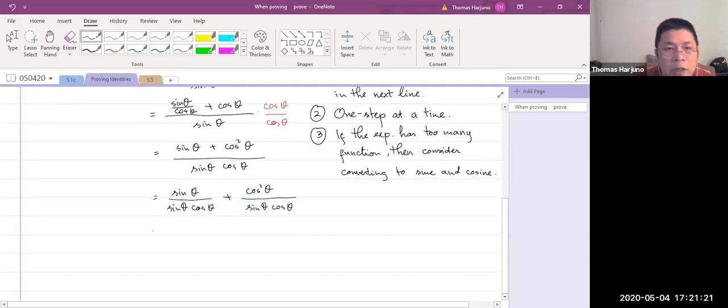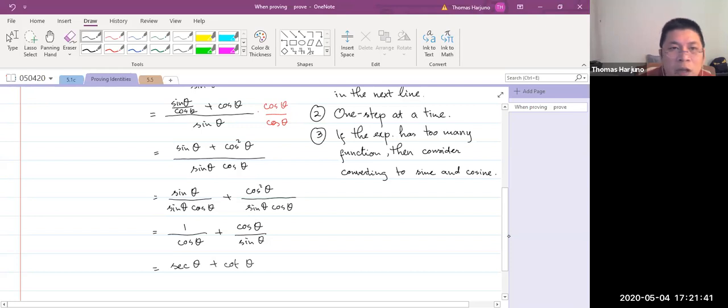Then I can reduce the first term. That becomes 1 over cosine theta plus cosine theta over sine theta. That gives me secant theta plus cotangent theta.